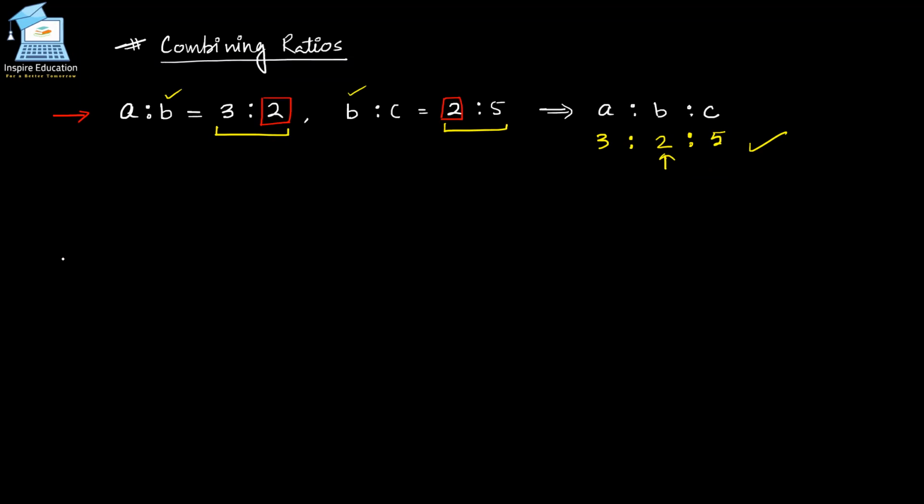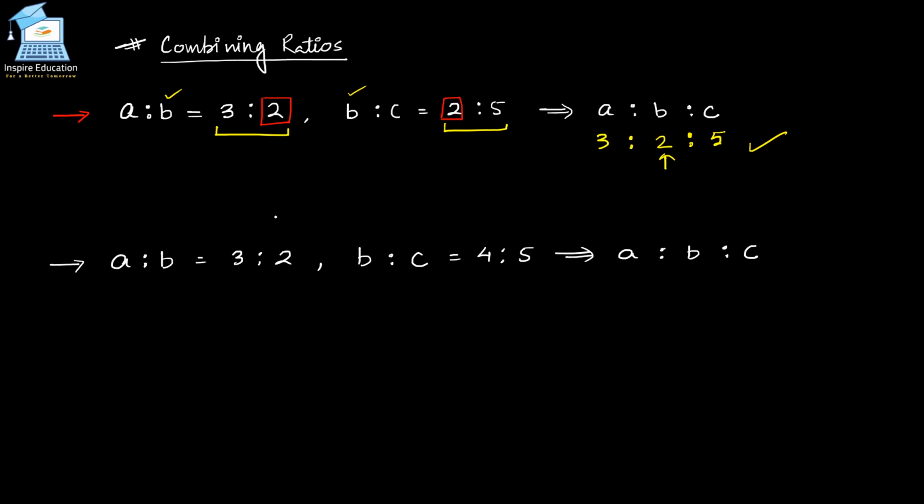Let me give you an example: A is to B is equal to 3 is to 2 and B is to C is equal to 4 is to 5. Now you cannot do the question directly. First of all, you need to balance both the ratios.